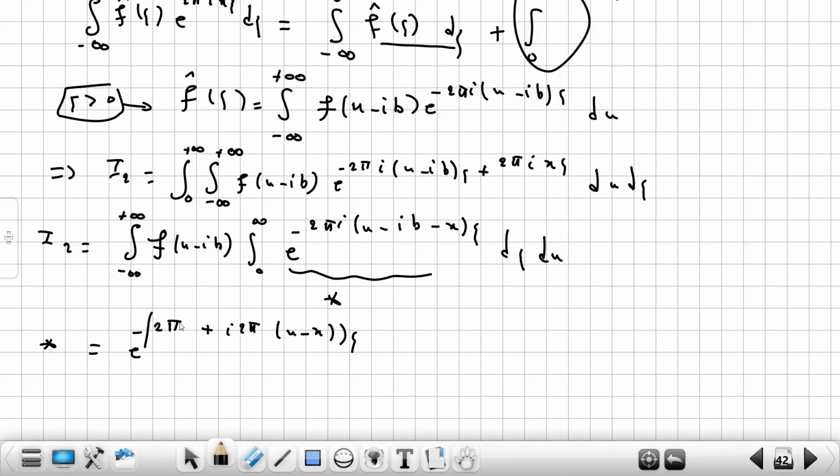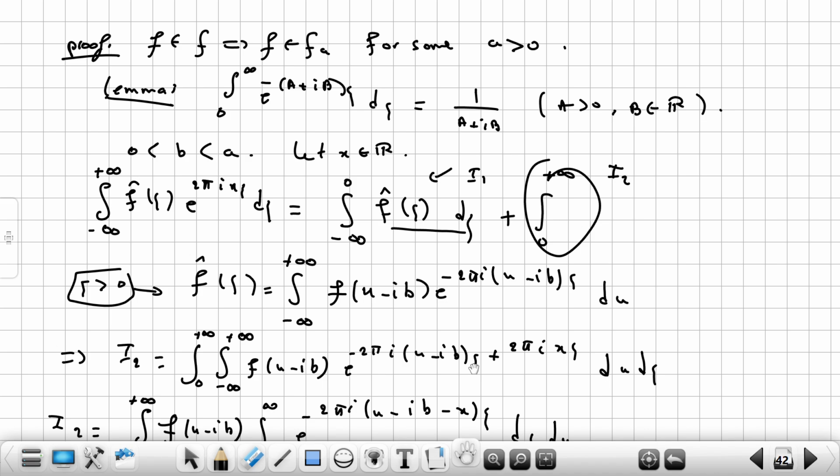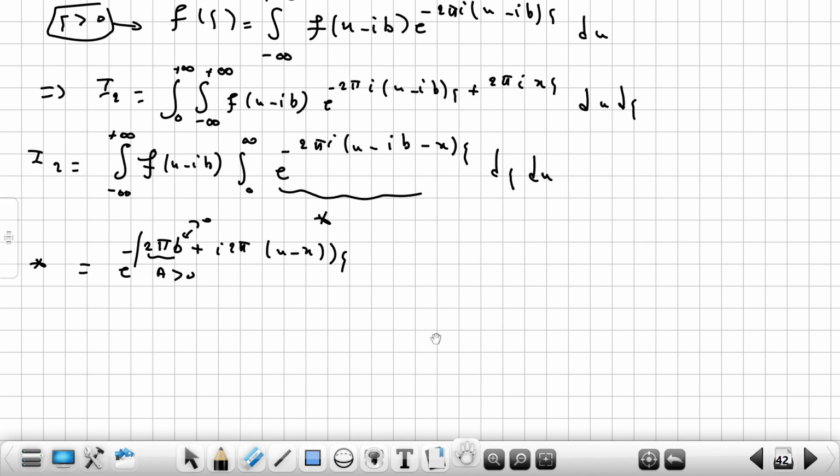So this a here is positive since b is positive. Okay, now this is ib, b in R.